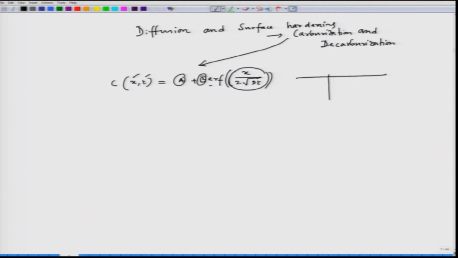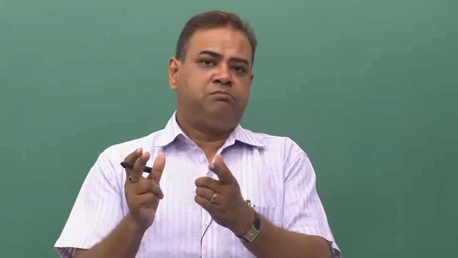And let us say two blocks are joined, this is the C1 side, this is the C2 side, then this diffusion path will look like this. And from that boundary condition, for example, x equal to 0, t equal to t, or x equal to x, t equal to 0, all those boundary conditions we can use to get the knowledge of A and B and try to find out how long it takes, for example, in case of carburization, how long it would take for a particular condition to have, let us say, a 50 micron case depth of carburized layer.